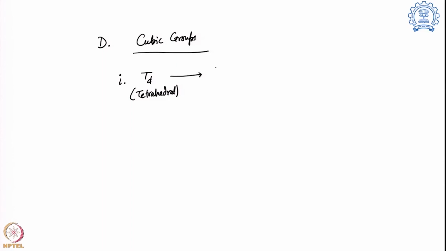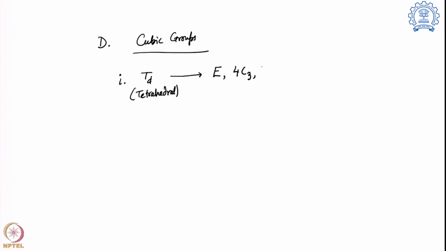In this molecule you have an E that is present in all the molecules, you have 4 C3, you have 4 C3 squared, you have 3 C2s, you have 3 S4 axes that we have gone through also in the example of methane earlier.